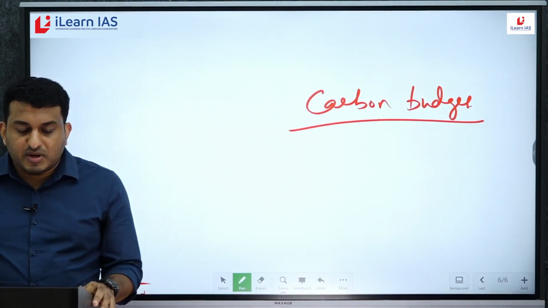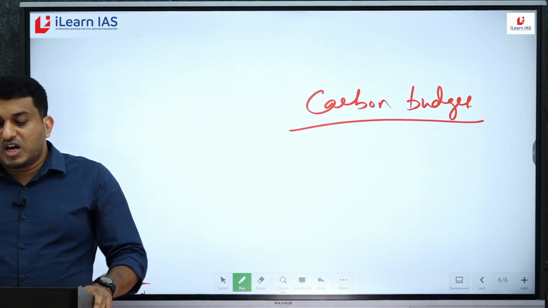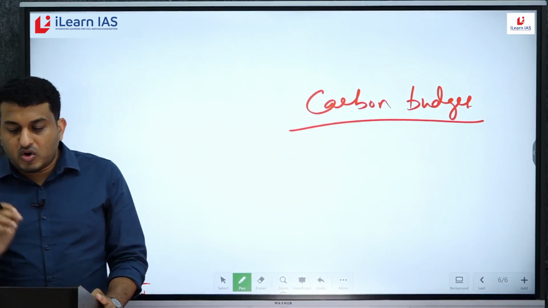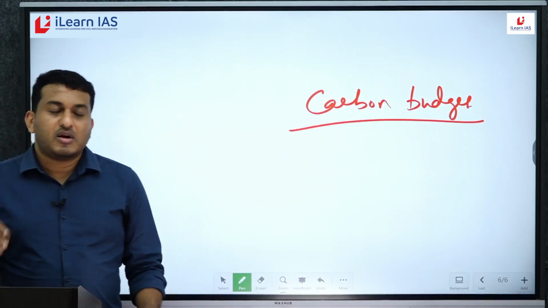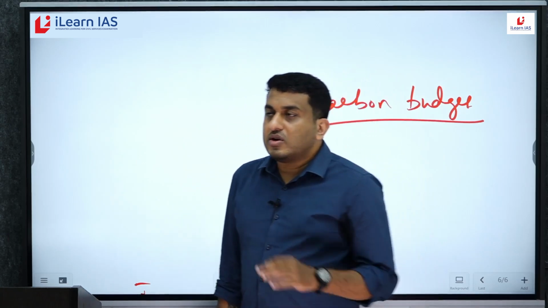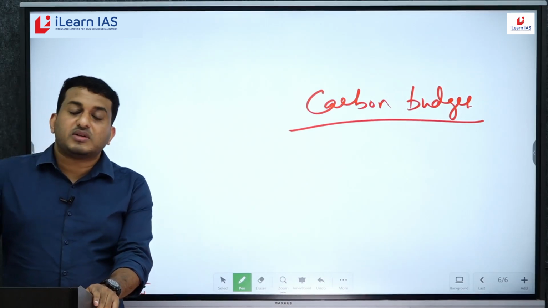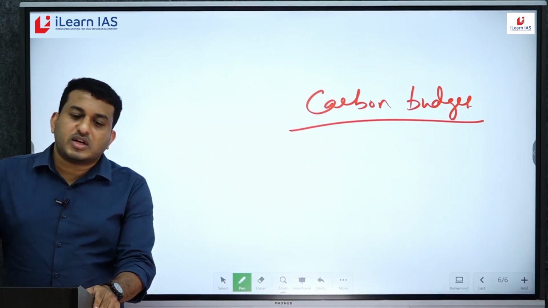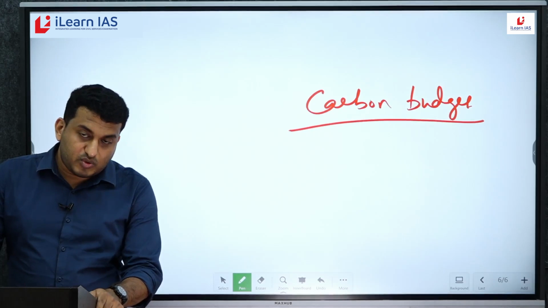The sixth assessment report, the Working Group 1 report, also talks about the carbon budget. It says that the world has already depleted nearly 86% of its available carbon budget till now. This was another important key point with respect to this report.